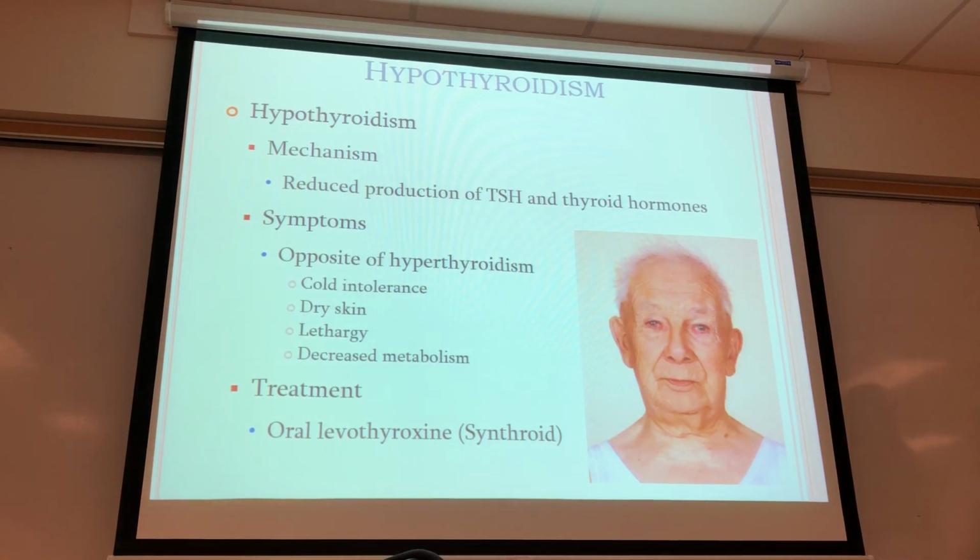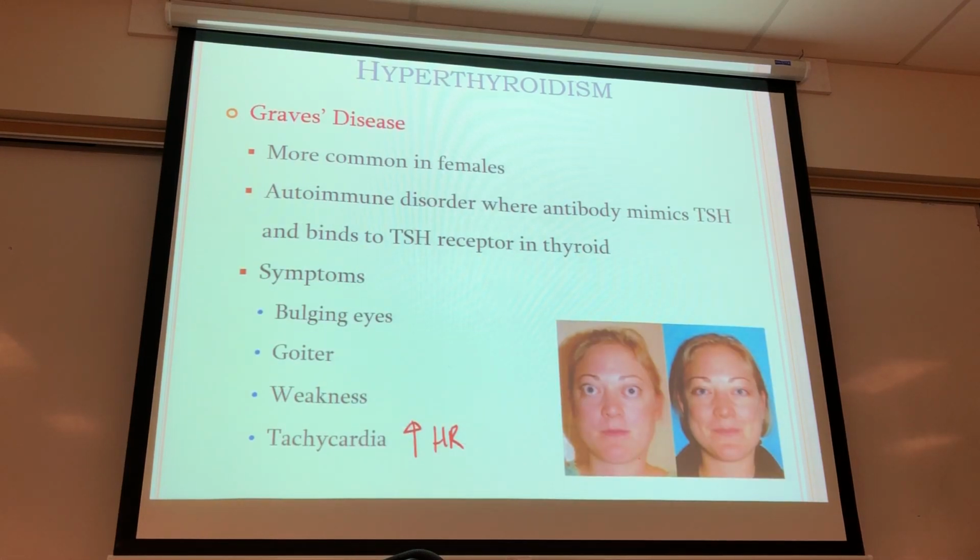Yes? So TSH in both is low, in hyper and hypo, but the difference is the T3, T4 is higher in hyper versus hypo. Yeah, exactly that. So in that entire negative feedback, when you have T3 and T4, and I know it sounds counterintuitive because here you have low T3 and T4. In hyperthyroidism, you have high T3 and T4.